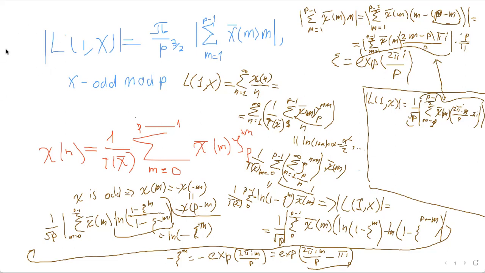Can someone please explain what will happen if chi is even? We will have plus instead of minus, and then it will be 2 times the real part of this, so it is the logarithm of a modulus. The real part of the logarithm is obviously... Excuse me, where will be a real part of the logarithm? It will be the sum of the logarithms.